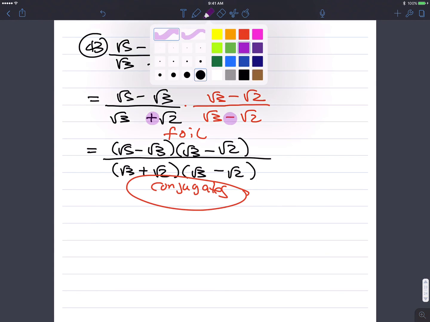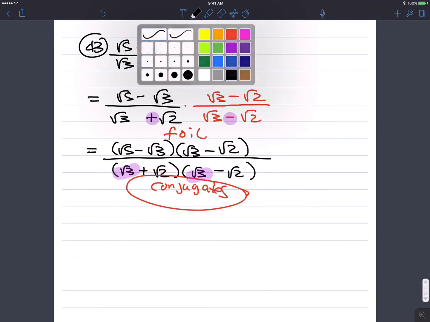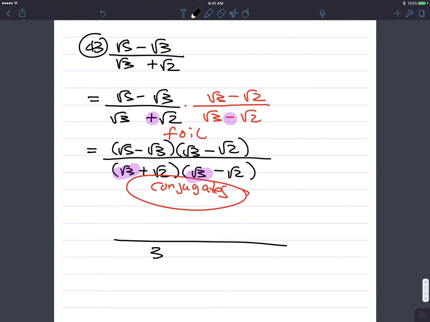When you multiply with conjugates, you're multiplying square root of 3 times square root of 3, and you'll end up with, as a fraction, that 3. And then you've got a positive square root of 2 times a negative square root of 2, which gives us simply negative 2. That's kind of nice because 3 minus 2 is 1. So the denominator is 1 here.